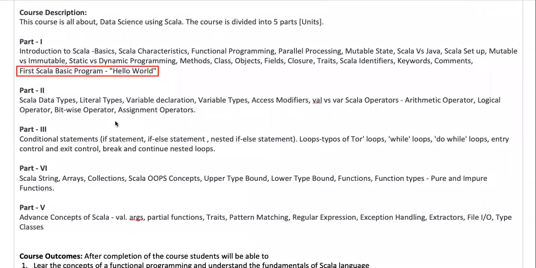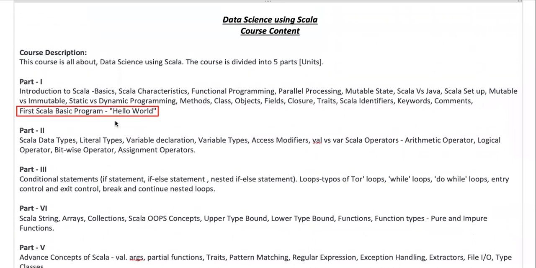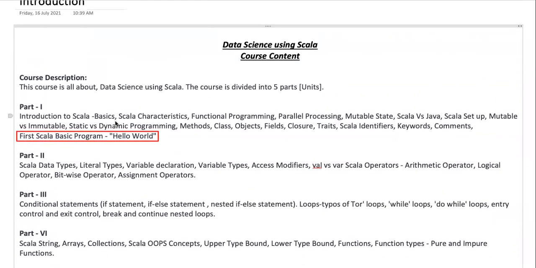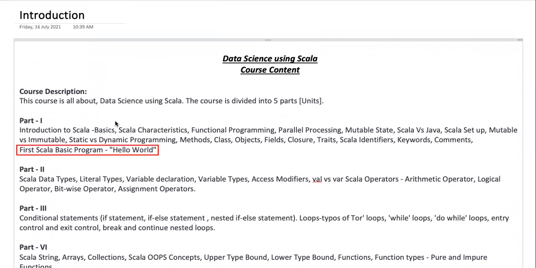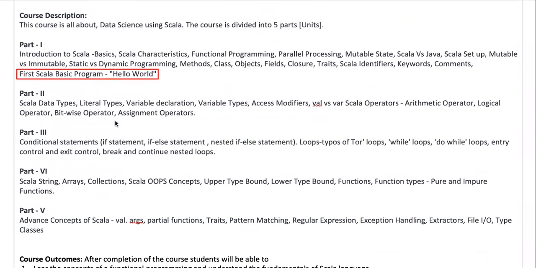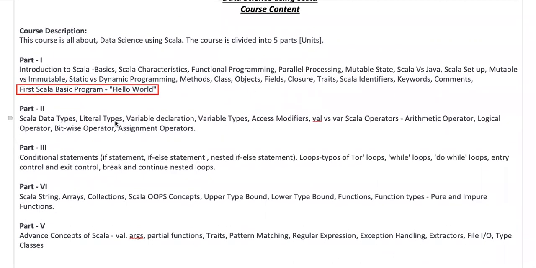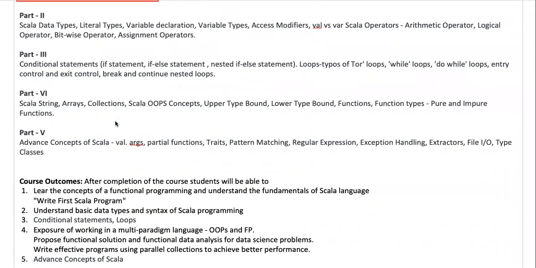In data science and data processing, Scala is in trend these days. This introduction video is to give you an overview of what we are going to discuss in this course, which is divided into five parts. Our focus would be to understand and build the foundation very well.